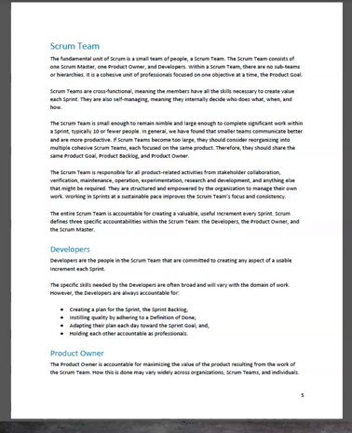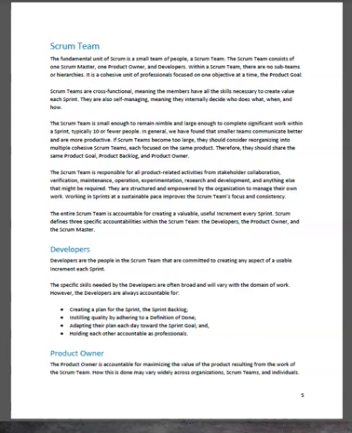The Scrum team is responsible for all product-related activities from stakeholder collaboration, verification, maintenance, operation, experimentation, research, and development, and anything else that might be required. They are structured and empowered by the organization to manage their own work.